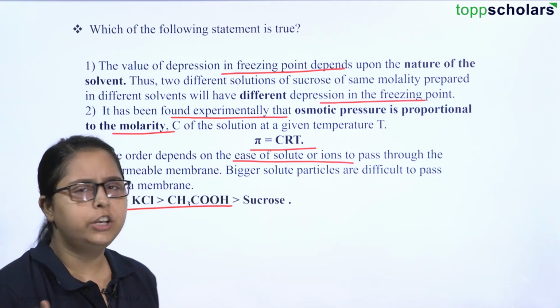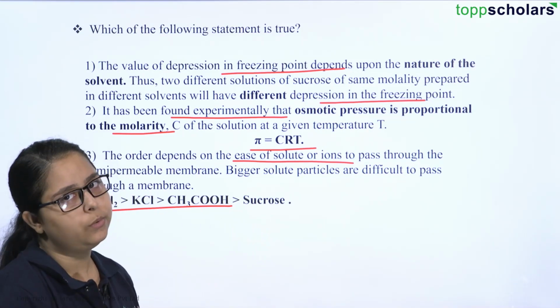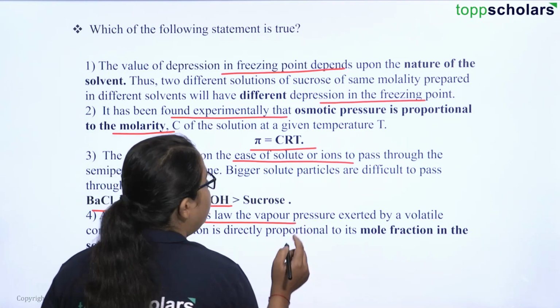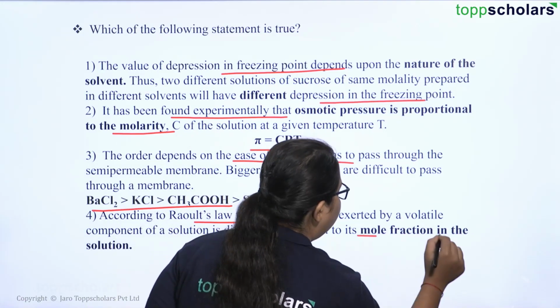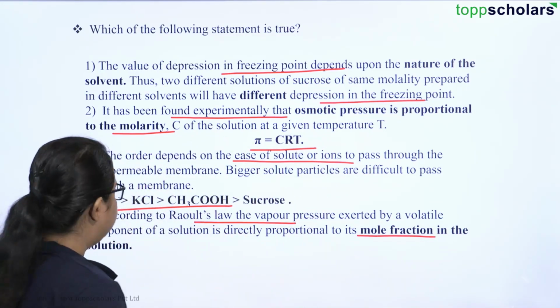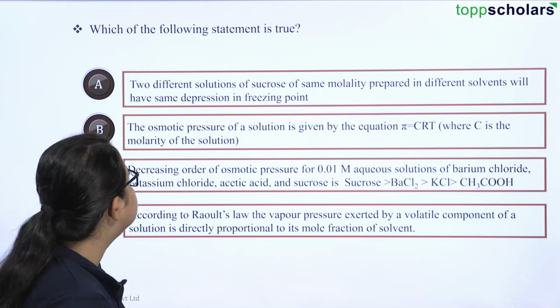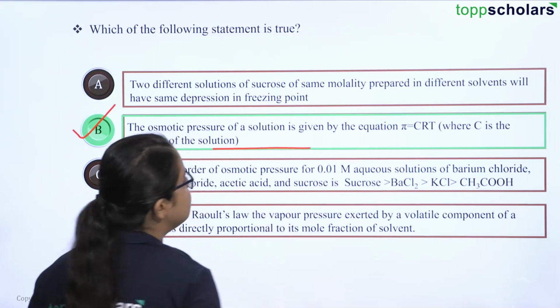Sucrose is a large molecule as compared to these. Hence, it will be coming towards the end. Okay. Now students, the fourth statement says according to Raoult's law, vapor pressure will be directly proportional to the volatile component's mole fraction in the solution. Okay. Hence, the correct answer will be option B because only this one is correct.